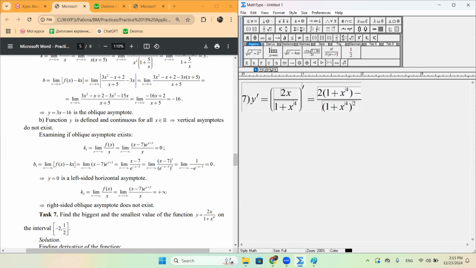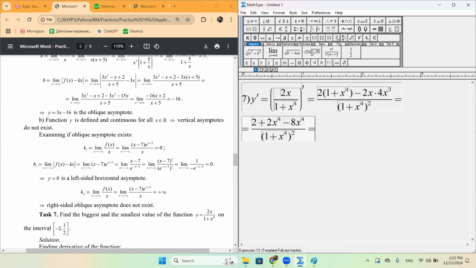And now 2 by this multiplier minus 2x by 4x in power of 3. So continue calculating, simplifying everything. So 2 and minus 8x in power of 4.